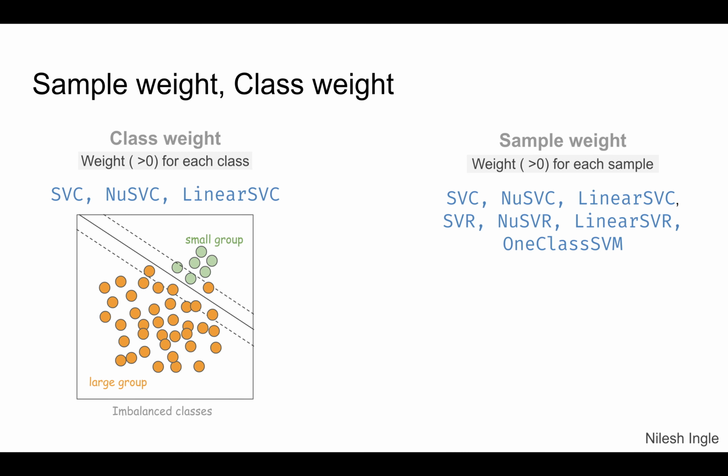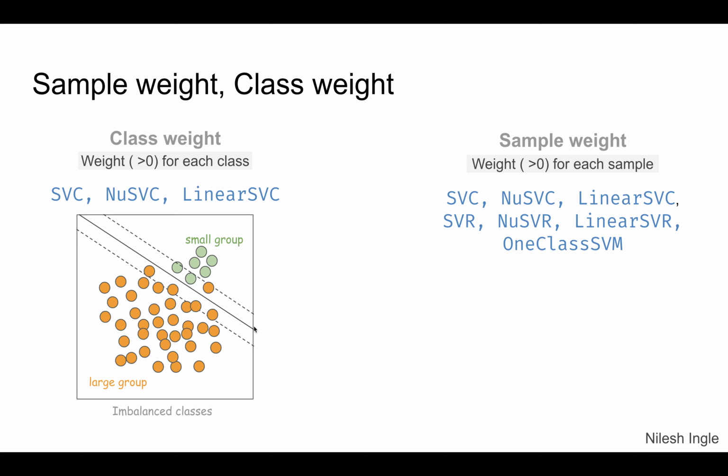And going further, there are additional functionalities that can be used, which are related to sample weight and class weight. The class weight is as shown here. Let's say we have two sets of data points: the orange data points here, which are a large majority, and a very small number of green data points that need to be classified.